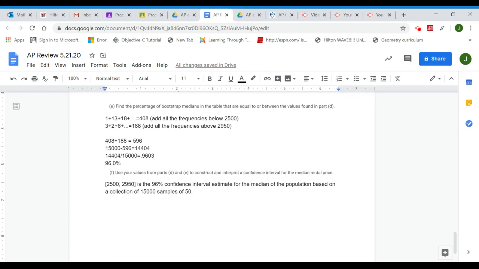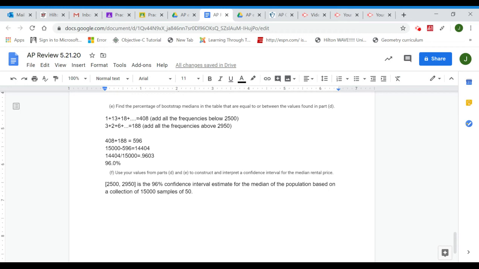Find the percentage of medians that... So what I did was I added up all the low ones, 408. I added up all the ones above our 2,950. That was 188. We found out that was 96. That was 4% of the data was outside. 96% of the data was between those markers, including at or between.